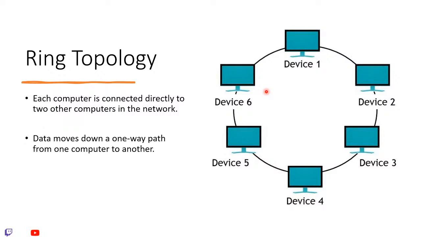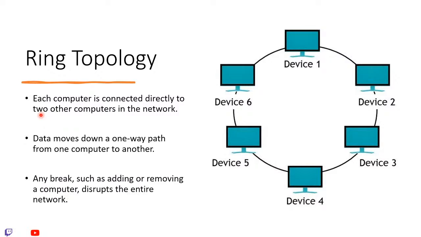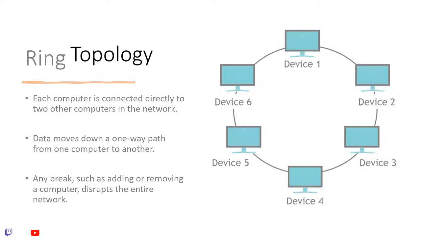Data moves down a one-way path from one computer to another computer like this. So if data has to be sent from device 1 to device 6, this is the unidirectional topology. Any break, such as adding or removing a network computer, disrupts the entire network.